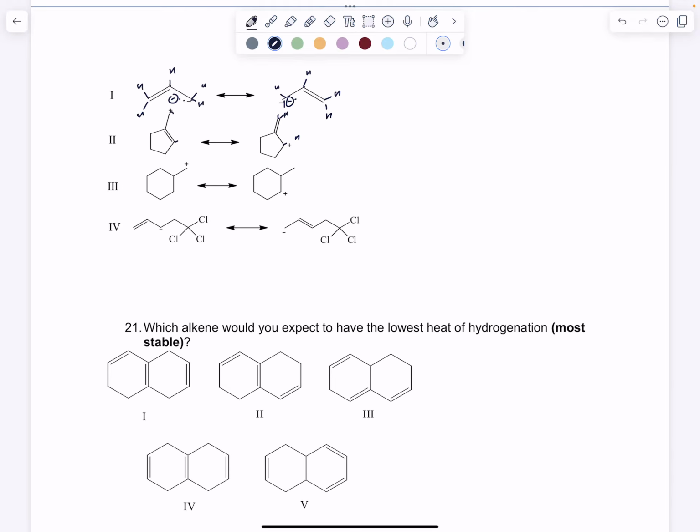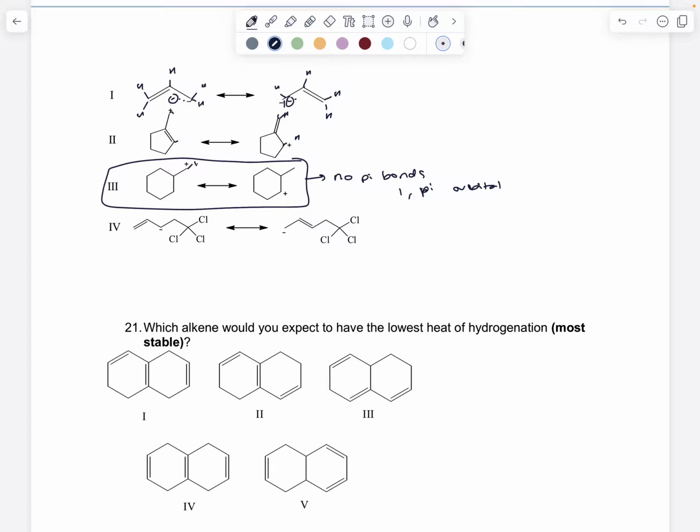Okay, this one, there's no pi bond. And so just looking at this, I don't even have to check if there's any atoms moving. There's no pi bond, so that means there's only 1 pi orbital, and you need a highway of pi orbitals for resonance to work. So this one is a suspicious character, in my opinion.